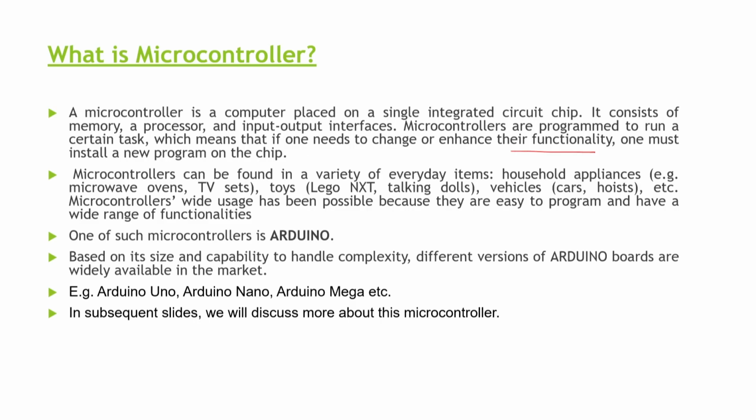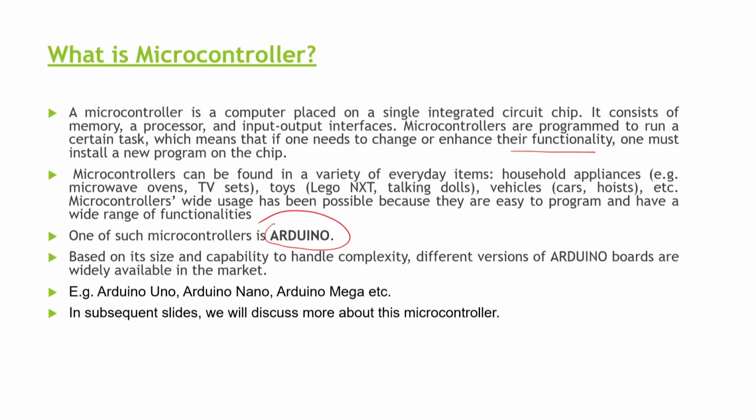Now, microcontrollers can be found in almost all day-to-day items, like let us say your microwave ovens, TV, okay, toys, vehicles, what not. Everywhere you will see a wide array of microcontrollers present. Particularly one that is very famous is called Arduino. So, a lot of focus of today's talk will be related to Arduino.